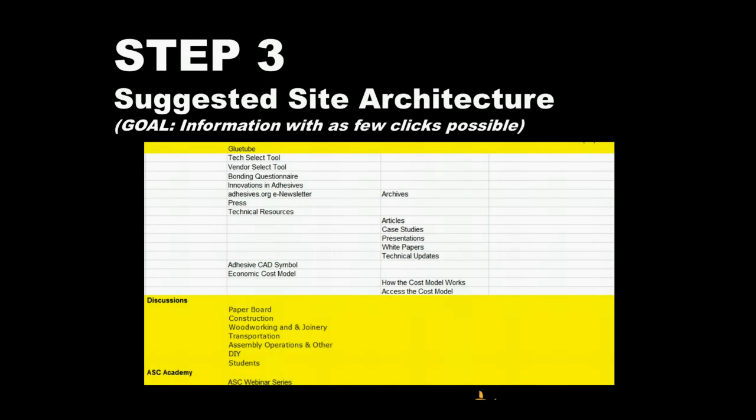Once we have an inventory of all the content, we start the content analysis. Because adhesives.org is meant to be an information hub, we need to organize and present their resources in an intuitive manner that will allow the users to easily find the information they need. So we decide to organize their content according to audience types.